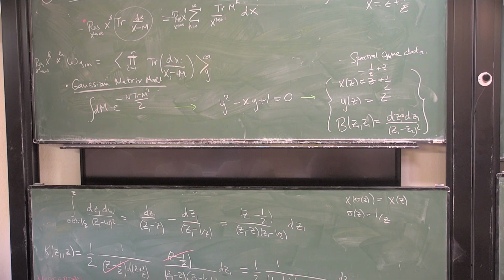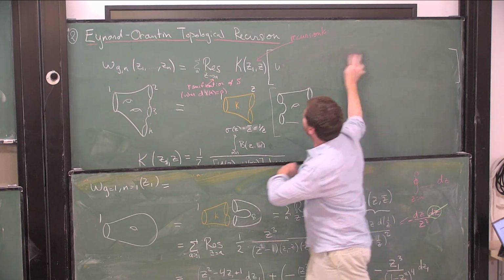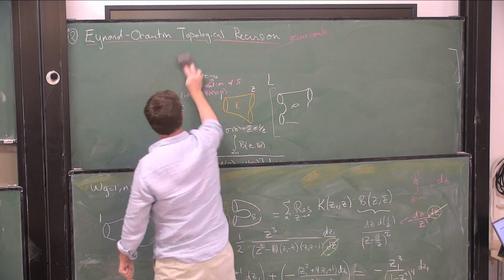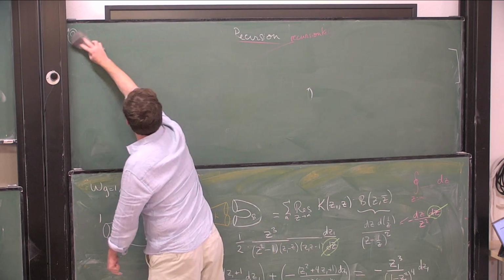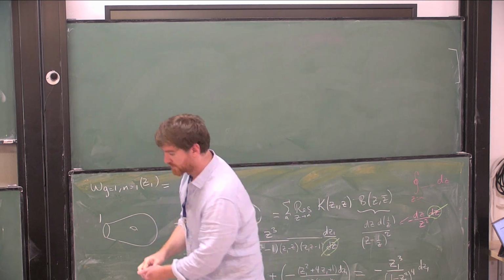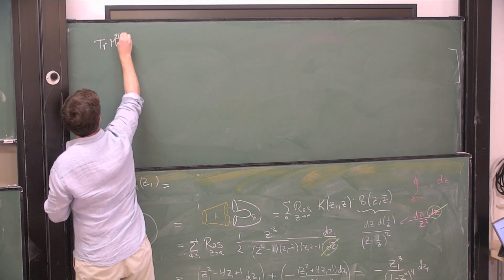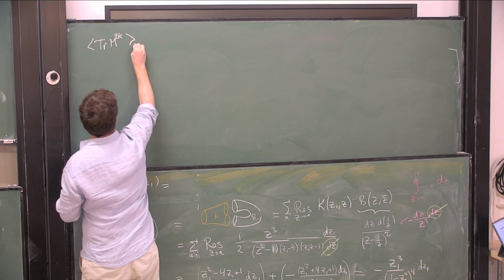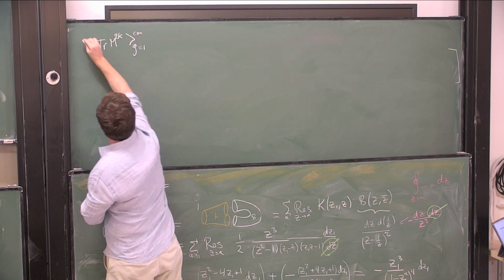Any questions in the meantime? Okay, so now what we want to do is compute the trace of M to the 2k at genus 1, connected, in the GUE.